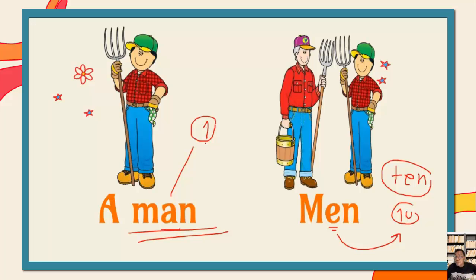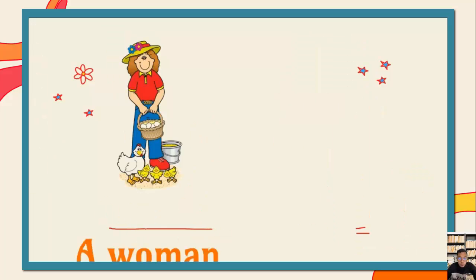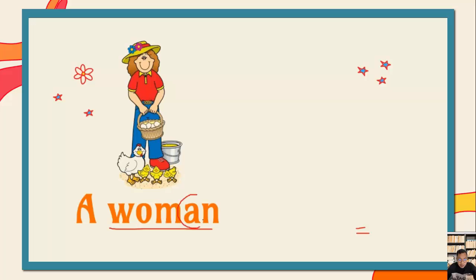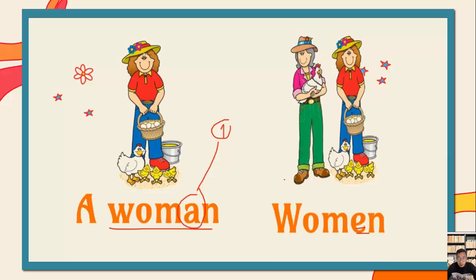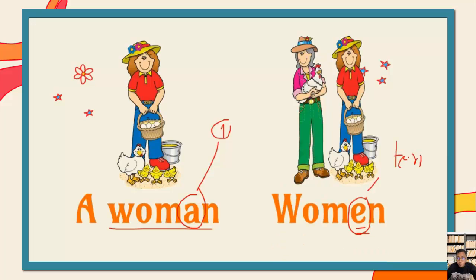Men means many. Like woman, a means one. Women, e means ten, more than one. So woman is singular. Women is plural.